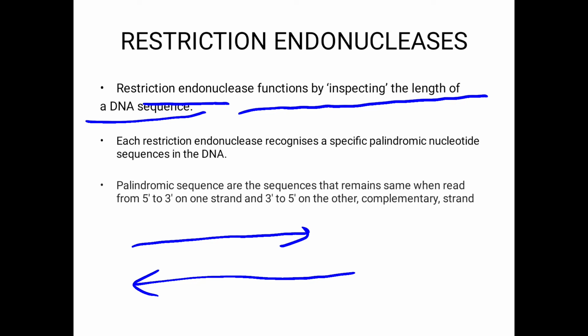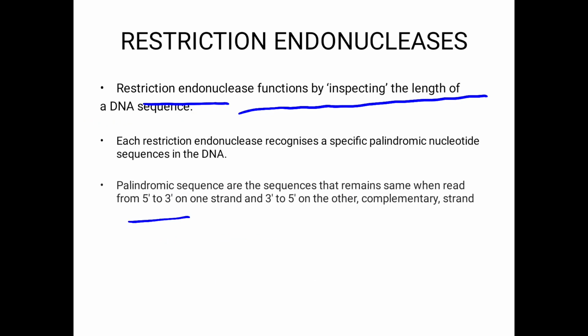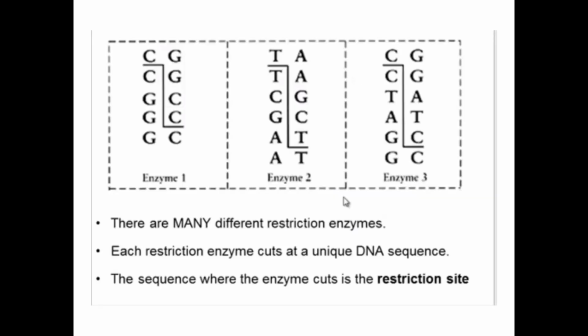So palindromic sequences are the sequences that remain the same when read from 5' to 3' on one strand, or when read from 3' to 5' on the complementary strand, right? So you can see the example of enzyme 1, 2 and 3.